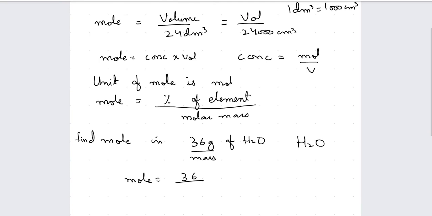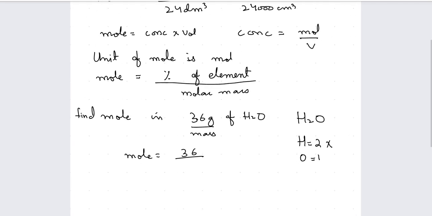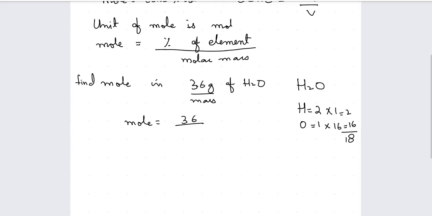This is H2O. How many hydrogen in it? 2. How many oxygen in it? 1. The atomic mass of hydrogen is 1 and of oxygen is 16, so it will become 2 plus 16, altogether 18. That is the molar mass. So I write here the molar mass. So I got 2 mole in 36 gram of H2O.